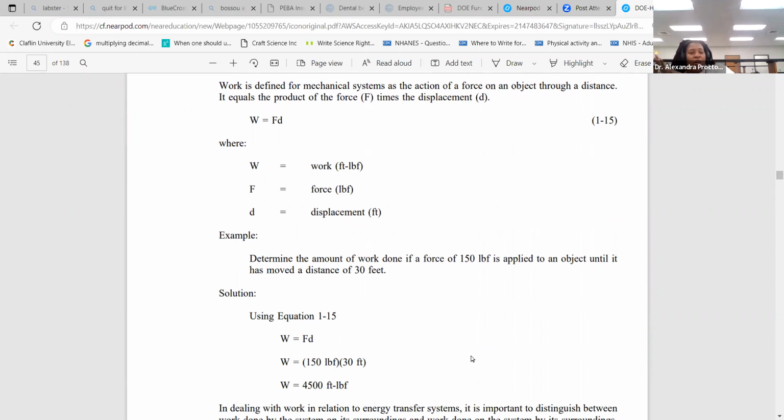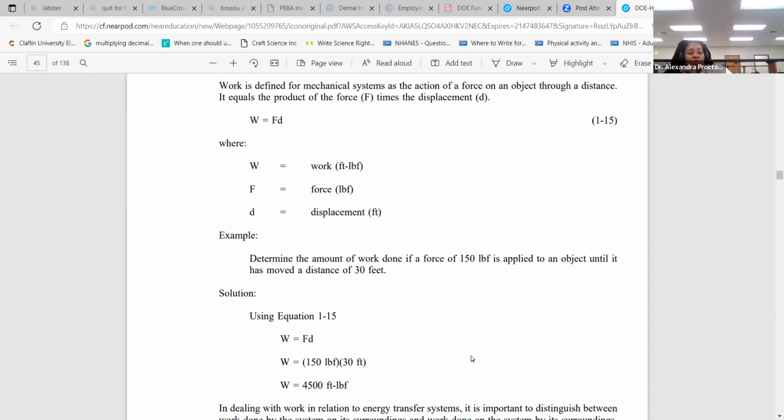They give you an example: determine the work done if 150 pound force is applied to an object until it moved a distance of 30 feet. It started at 0 and it moved 30 feet, so its displacement is 30 feet, and they give you a force of 150 pound force.